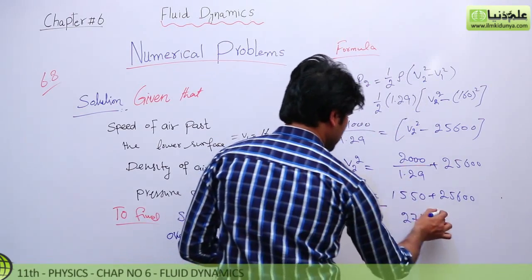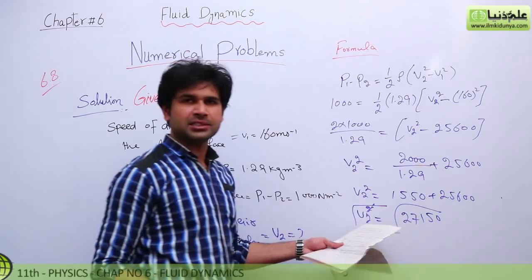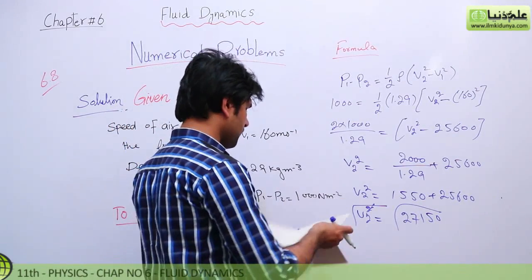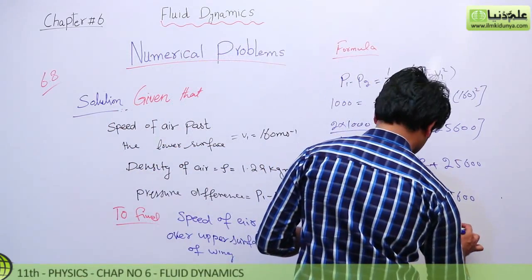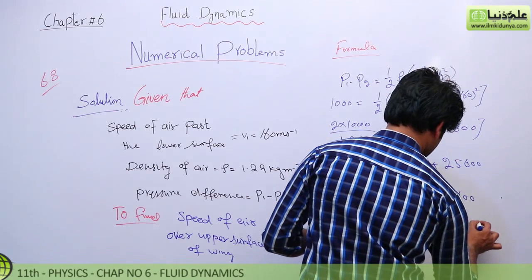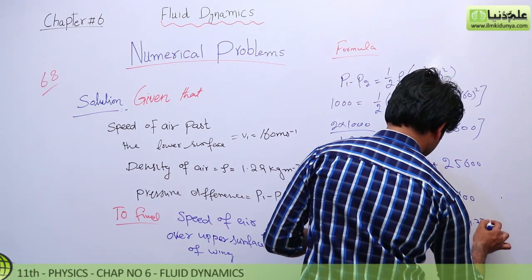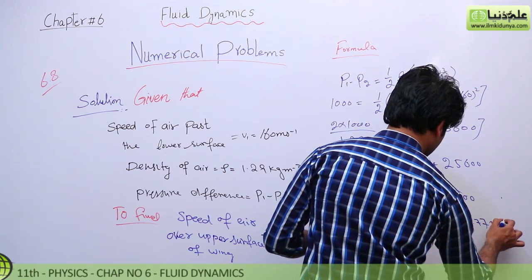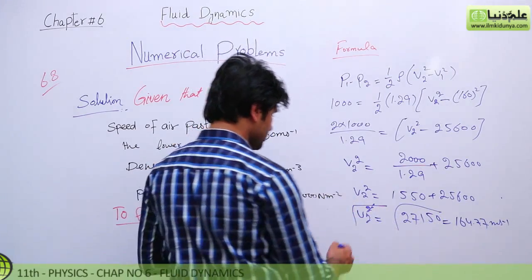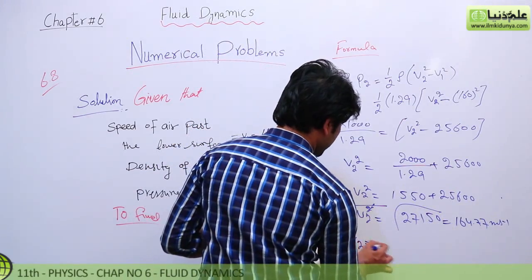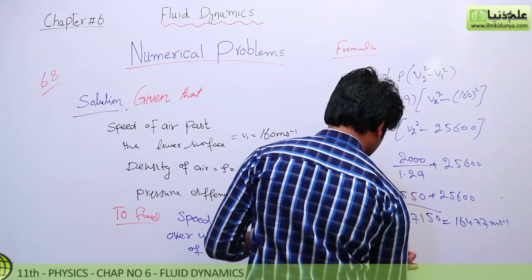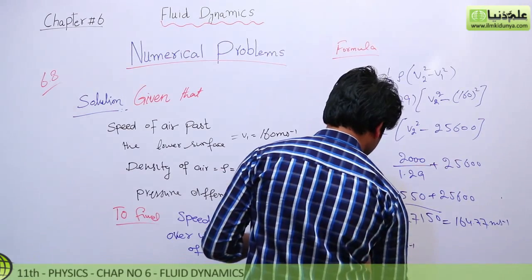Now taking the root on both sides, the square is cancelled by the root, and we have 164.77 meter per second. By rounding off this value, we have 165 meter per second as the approximate value.